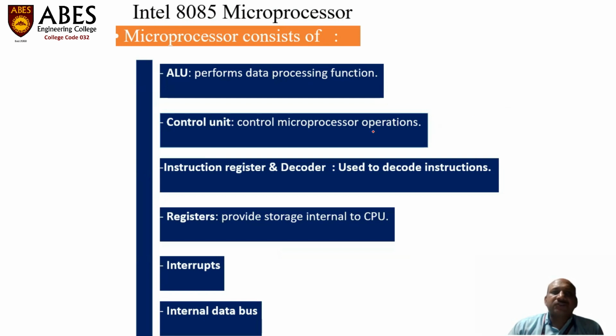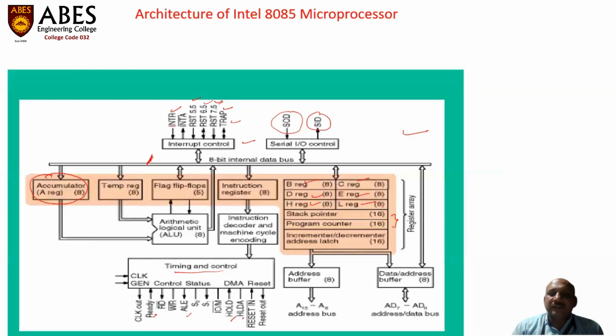So the microprocessor consists of basically the ALU, control unit, instruction register, and decoder unit. This instruction register and decoder unit is basically the area where we fetch the instruction from the memory, and this instruction will come to this area, and here we first decode what the instruction wants to do. For example, if we want to decode the instruction ADD A comma B, first it will fetch this instruction, and this is called the opcode, and these are operands.